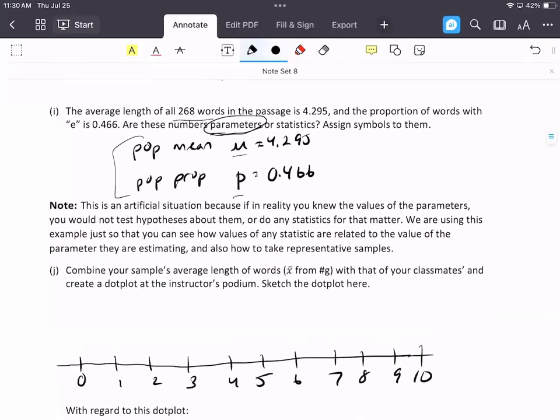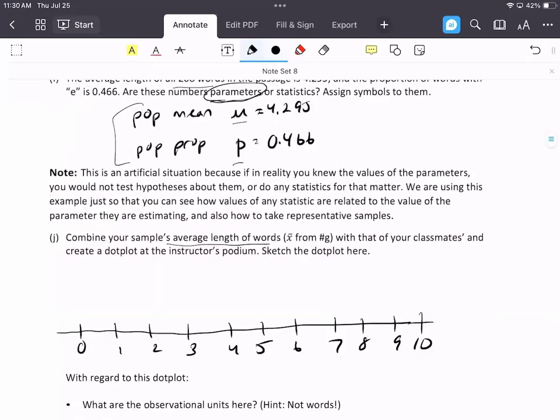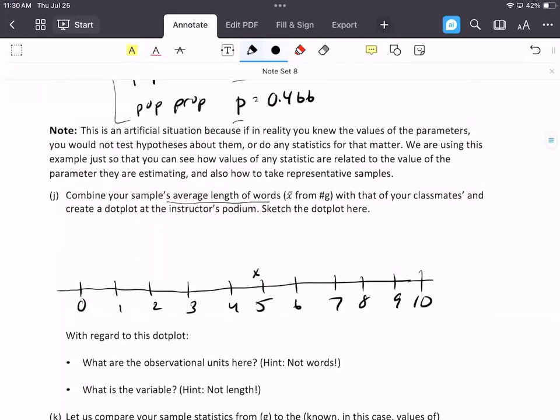We're looking strictly at the average length of words. Mine was 4.8, so I would put it close to 5. We know the population is 4.29. So record mine and record yours.